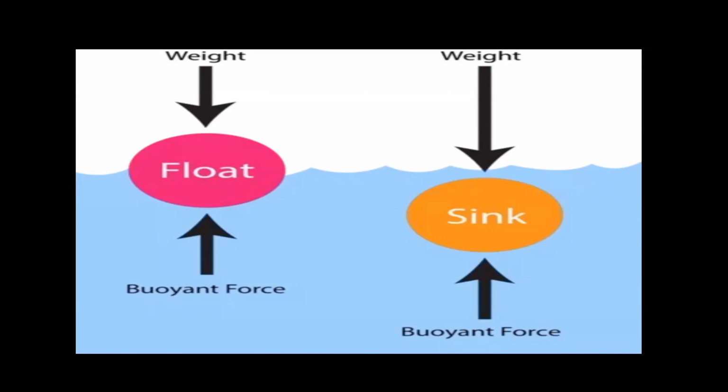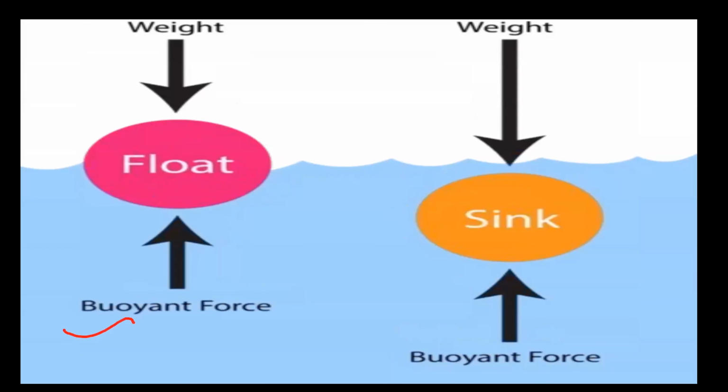The word buoyant force means upthrust. When buoyant force is equal to weight, the length of the arrows shows both forces are equal. So the weight of a body equal to buoyant force, meaning upthrust, gives floating, right? When buoyant force is smaller than weight, the length of the weight arrow is more than the length of the buoyant force arrow, meaning the value of weight of a body is greater than the value of upthrust, and at that time a body sinks. Got it?